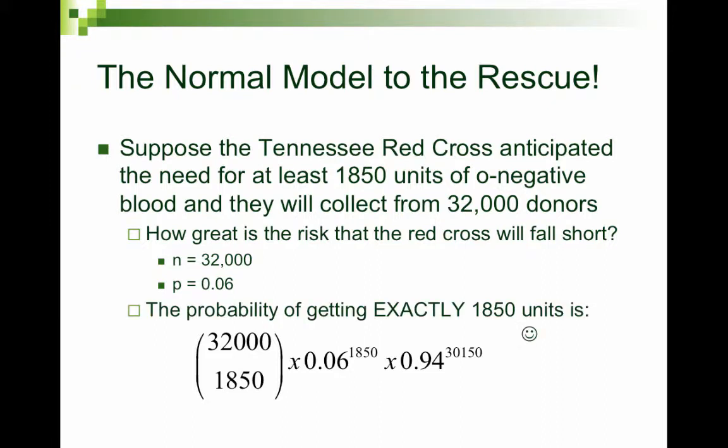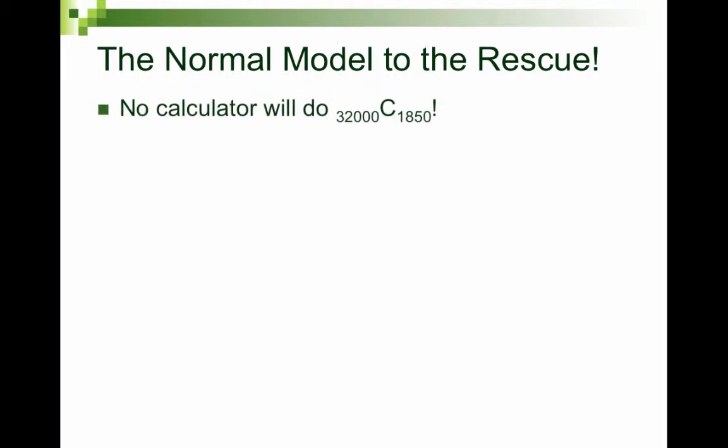So the probability of getting exactly 1,850 units is given as 32,000 choose 1,850, times the probability of success, 0.06, raised to the number of successes, times the probability of failure, raised to the number of failures. It seems like we should be able to do this. However, no calculator will do 32,000 choose 1,850.